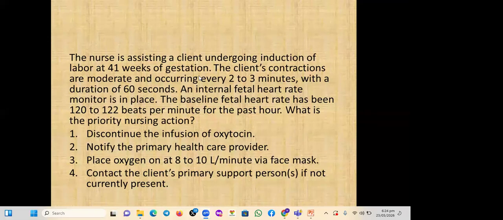What is the priority nursing action? 1, discontinue the infusion of the oxytocin. 2, notify the primary healthcare provider. 3, place oxygen on at 8 to 10 liters per minute via face mask. Then 4, contact the client's primary support if not currently present.